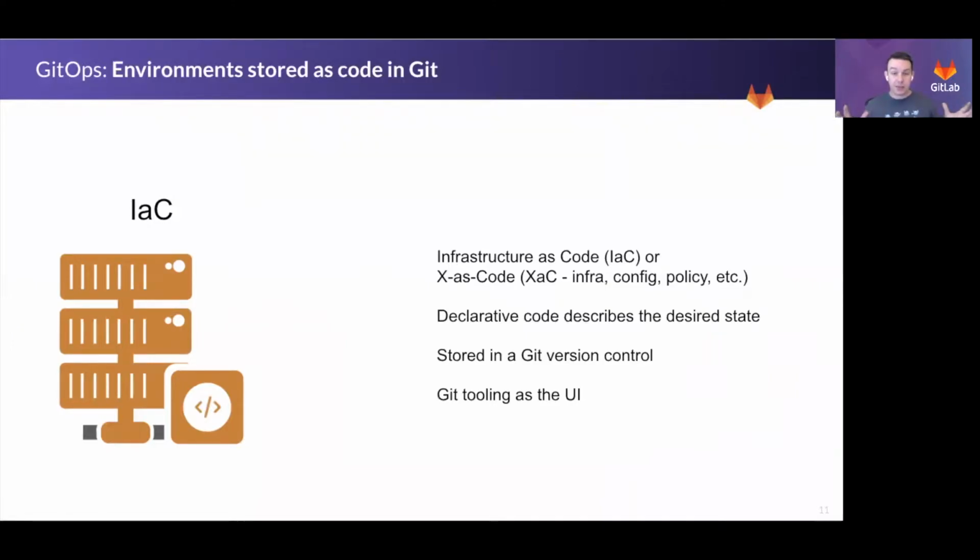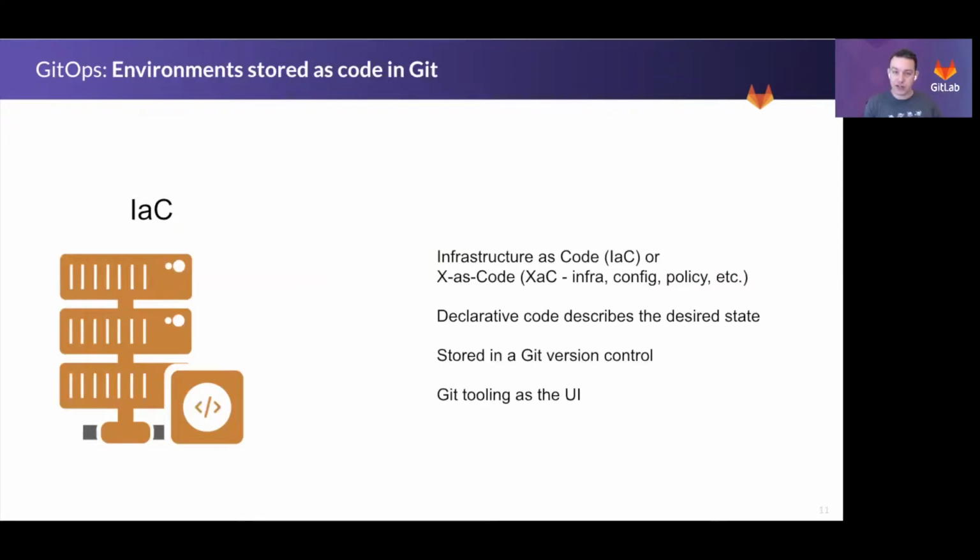Infrastructure as code has been around for a long time. And when I'm thinking about GitOps, I like to think not just about infrastructure as code, but sometimes I'll just say X as code, because this could be your infrastructure, configuration, this could be policy as code or security as code. Any type of operations that you're doing that you can define in a text-based format, or define as code, all of a sudden becomes very, very powerful.